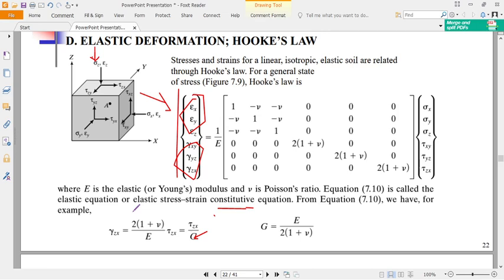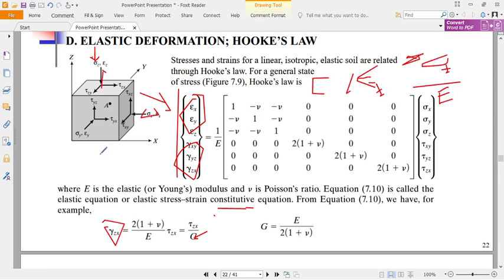But when you apply a stress in Y, it will also cause an expansive deformation in the Z direction. Is that okay?